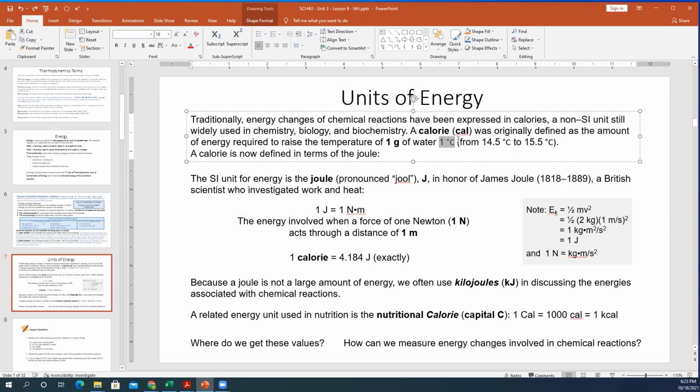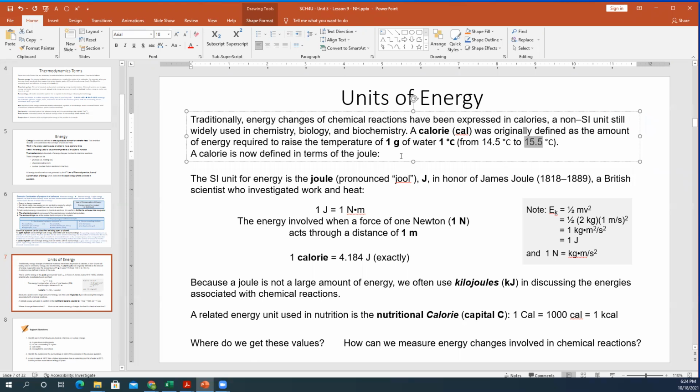For example, if the water is at 14.5 degrees Celsius, raising it to 15.5 degrees Celsius takes 1 calorie of energy.